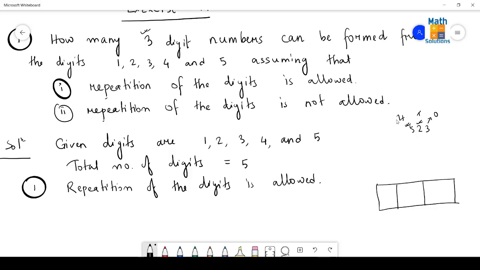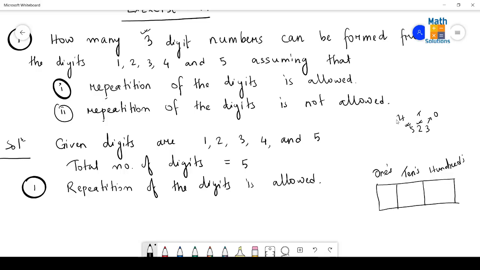I mean to say, if suppose I write here ones place, then the second house for tens place, and the third one is for hundreds place, then also there is no problem. And if we start writing hundreds place in the first position, then tens in the second position, then ones in the third position, then also there is no problem.